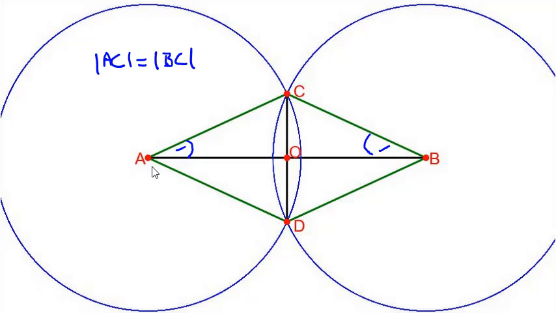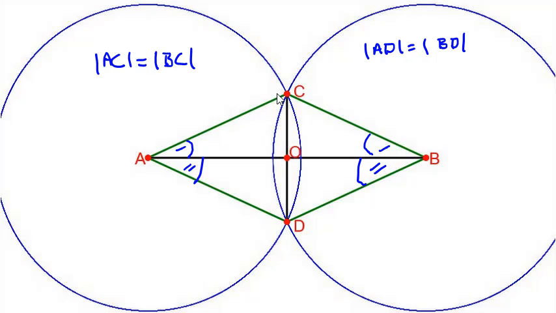By the same reasoning, the line segment AD is the same length as the line segment BD. So we have another isosceles triangle, the triangle ADB, and so the angle DAB, which is this angle here, is the same size as the angle DBA.